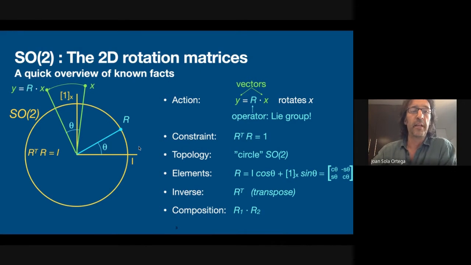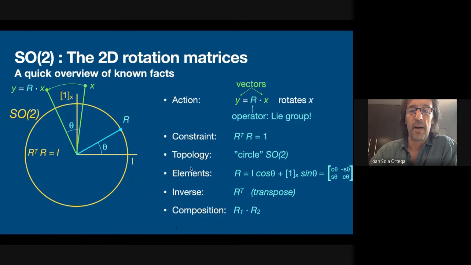So you see that I can do almost the same drawing. Instead of 1, I put the identity matrix here and a weird skew matrix here, and R is a linear combination of these two matrices of norm 1.